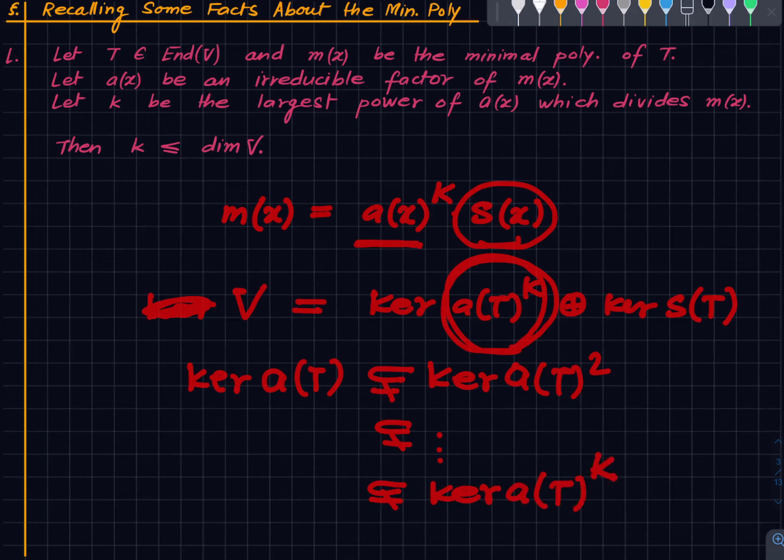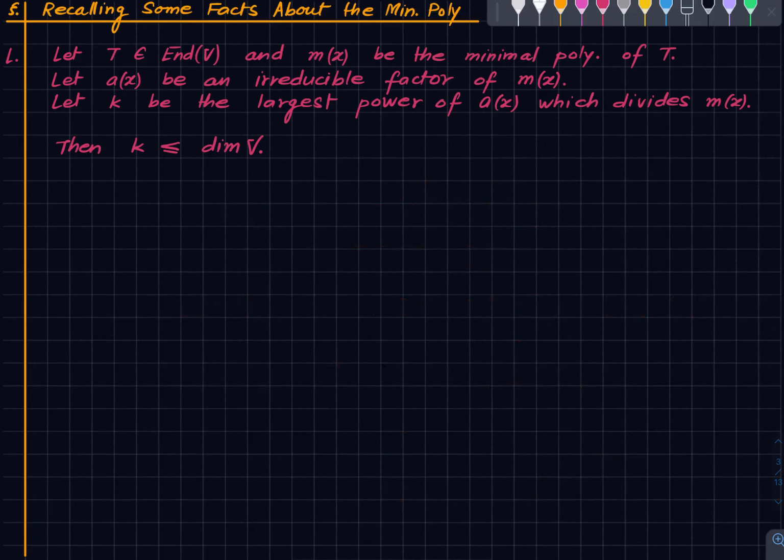Because if any of these containments were not proper, we would see that a lower exponent here would also serve the bill. So that is essentially the reasoning. I'm not doing it in full because this kind of thing we have already seen many times. So this particular fact, I just leave as an exercise. It is an important exercise. If somehow this is not clear, you should spend time on it. Okay?